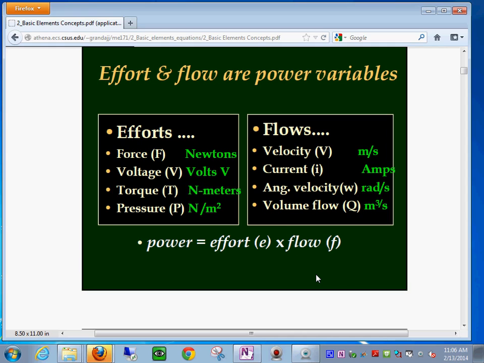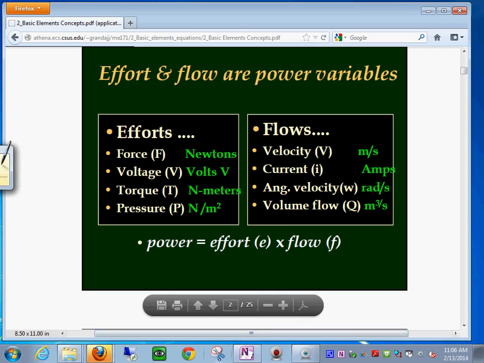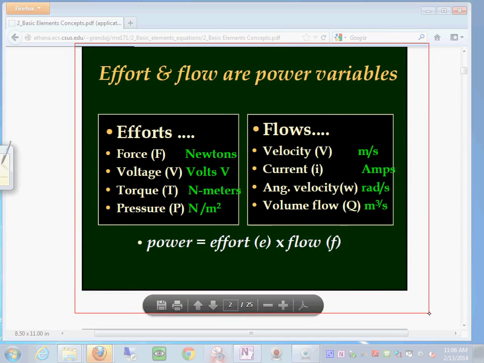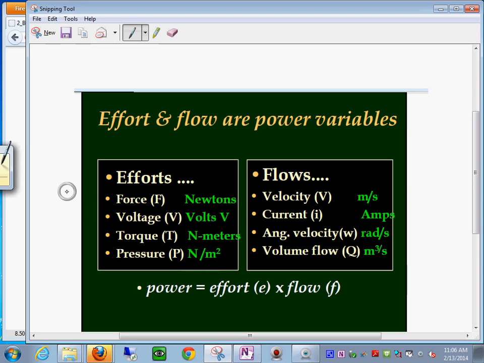So in this particular case, the effort and the flows, we are going to use in a way that we can actually generalize things. Here I'm going to write it down. This is going to be my effort variable.